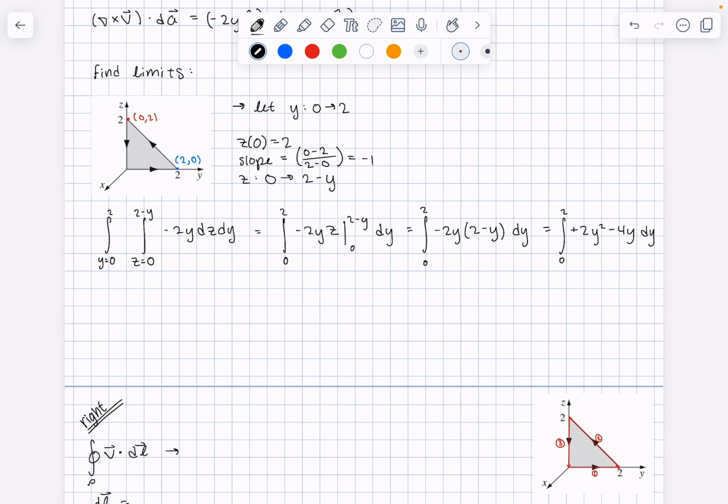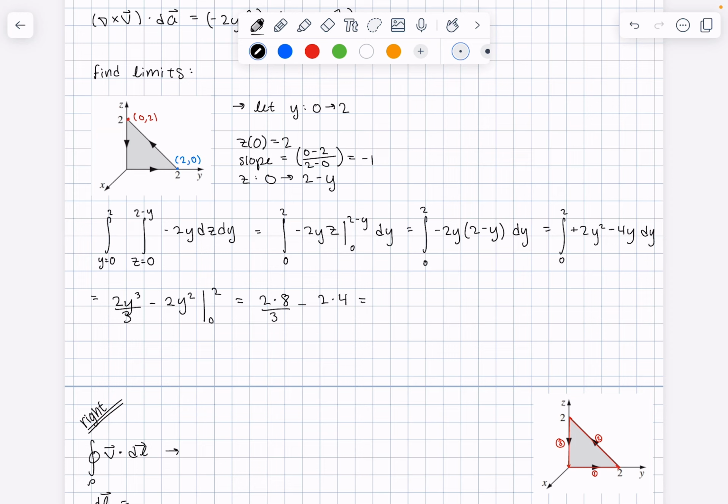And now that is going to be equal to 2y cubed over 3 minus 4y squared over 2, so that'll be 2y squared. And that is going to go from 0 to 2, which is going to give us 2 times 8 over 3 minus 2 times 4.